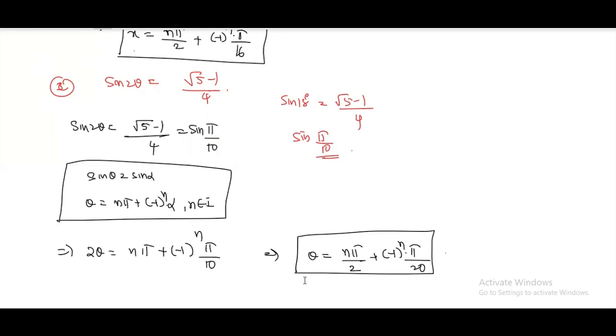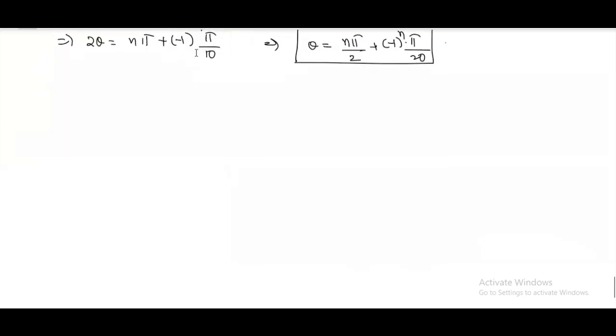So let's see one problem in terms of cos. Question number D in the second way: cos theta is equal to minus 1 by root 2. So generally where does theta lie? We can write cos theta is equal to minus 1 by root 2, which is equal to cos 3 pi by 4, because alpha belongs to 0 to pi only.